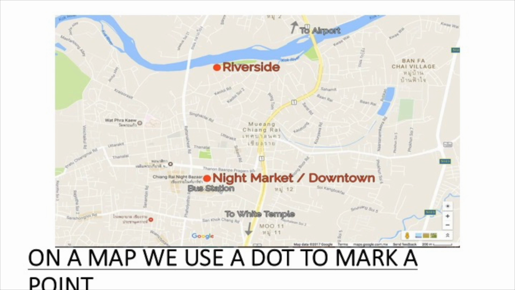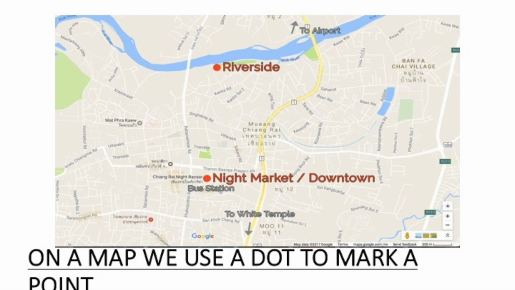If we want to go to the night market, we can go to the red dot. And if we want to go to Riverside, we can go to this red dot here. Ready guys, Riverside, night market, Wat Phra Kaew.